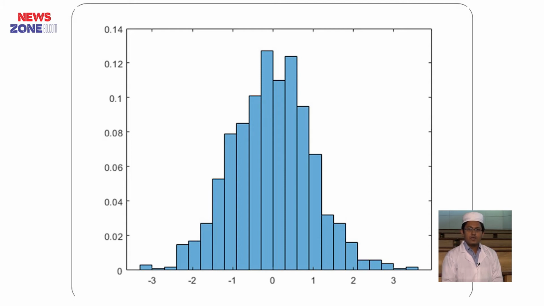One of them is that each bar is touching the next bar. Another is that here height and breadth, that is height and width, both are meaningful, that is height times width is equal to area. Area represents the frequency or percentage. On the other hand, in a bar diagram, only height was meaningful.